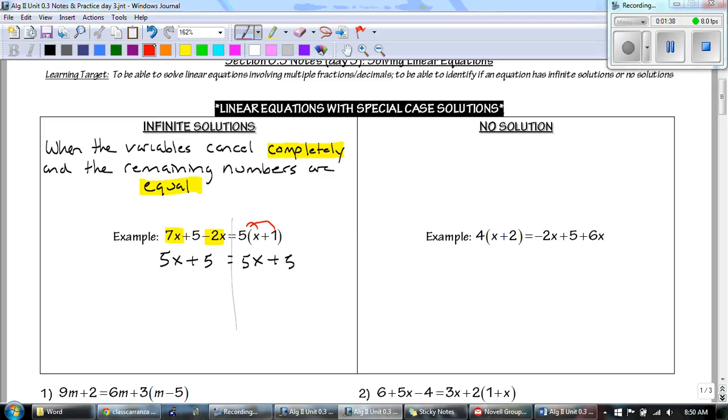Now, the next thing that we would do is to get the variable to one side by moving the smaller one. But when we move that 5x, they both cancel, and we're left with 5 equals 5. That is a true statement, okay? If we have a true statement, that means it is infinite solutions.